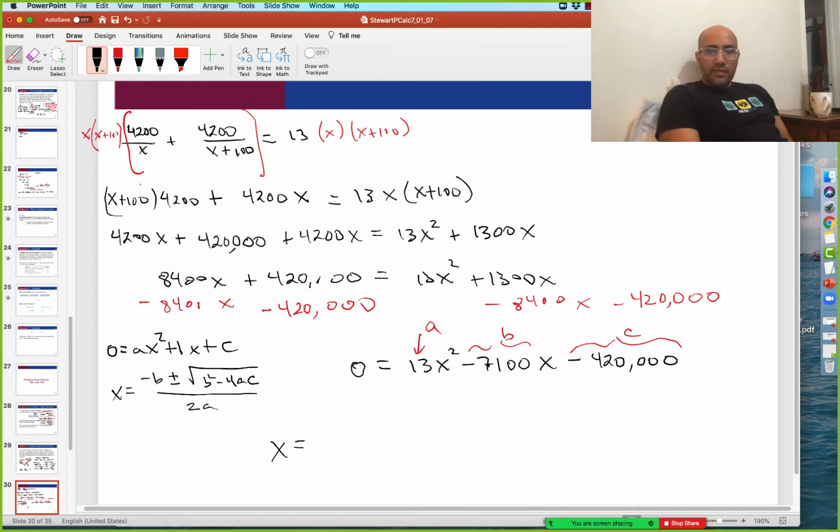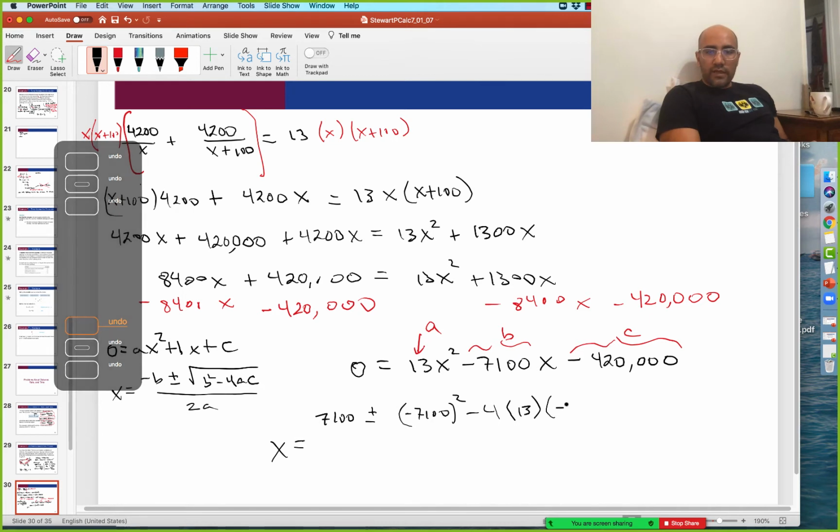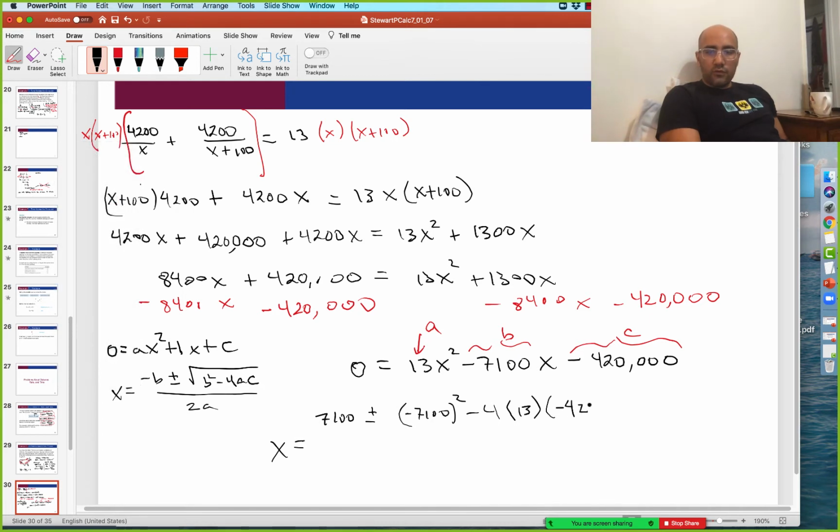Now, if b is already negative 7,100, this must be positive 7,100 plus or minus, and it's going to be negative 7,100 squared, so that'll get rid of the negative. b squared minus 4 times a times c, which is also negative, negative 420,000.